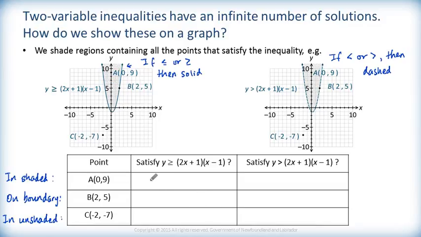That makes this first inequality true if you check the calculation. And here, it was also true. (2, 5) is on the boundary. It made it true in the first case, but only because of the equal sign. And in the second case, it was false because the equal sign wasn't there. And in the last case, (negative 2, negative 7), that's outside the shading in both, and it returned false statements in both cases.